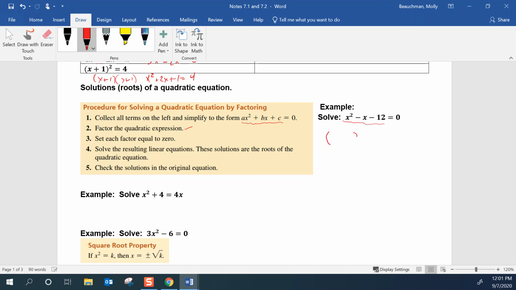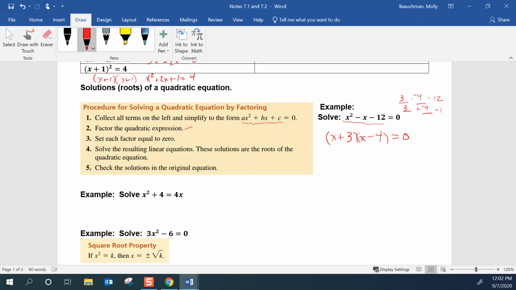We're going to factor the left-hand side. x goes in the first spot, and then we want two numbers so that when we multiply them together, it equals negative 12. And when we add them together, it equals the middle term, negative 1. The two numbers that satisfy that are 3 times negative 4 and 3 plus negative 4. So this would be x plus 3, x minus 4.